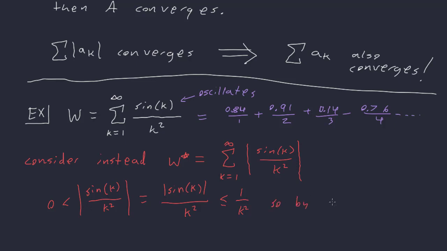So by the direct comparison test, W star converges, which implies W converges absolutely, which means that W converges.